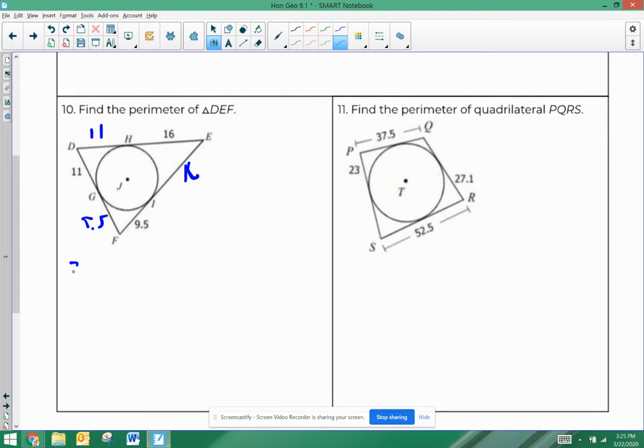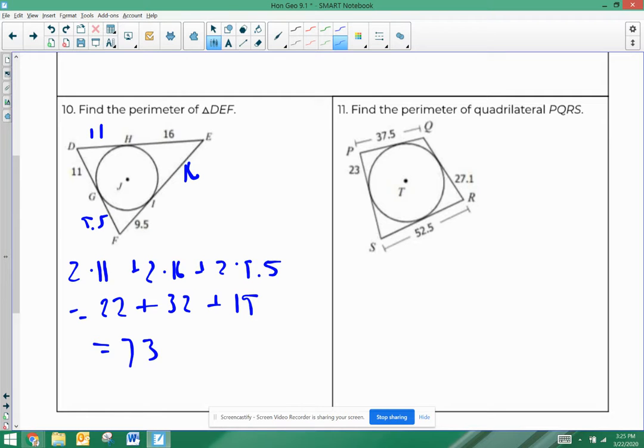So I do 2 times 11 plus 2 times 16 plus 2 times 9.5. So it's 22 and 32 and 19 gives us a perimeter of 73 units.